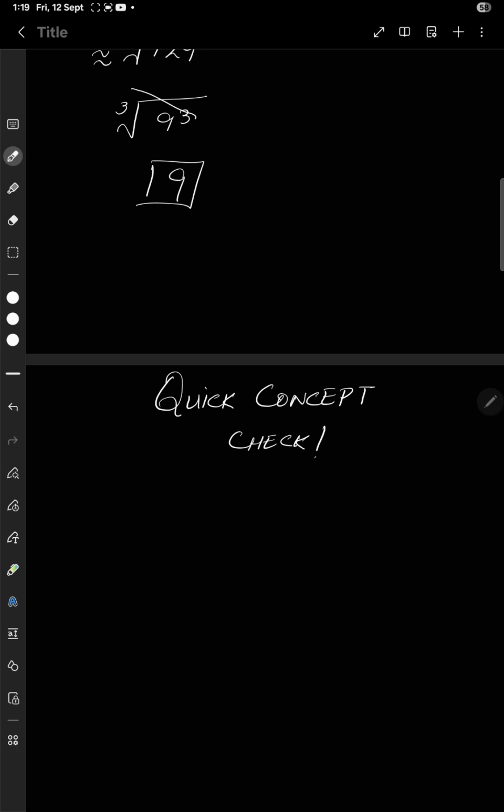Your question is, you will estimate the value of square root 62, and you will also estimate the value of cube root 62. Okay, this is quite interesting. And yes, here I'm waiting for your answers. Quickly solve the question and do share your answers with me in comments.